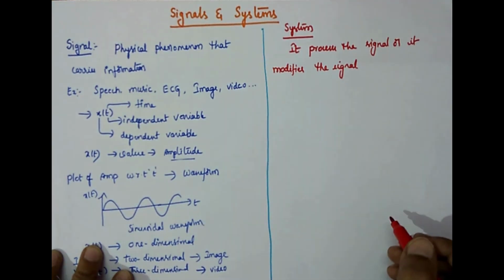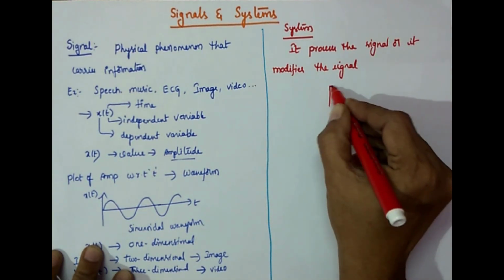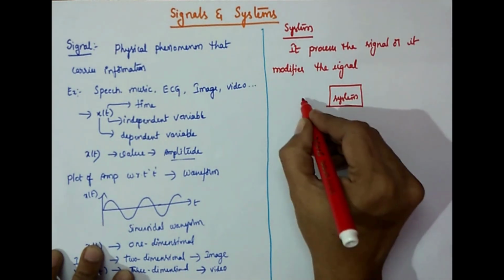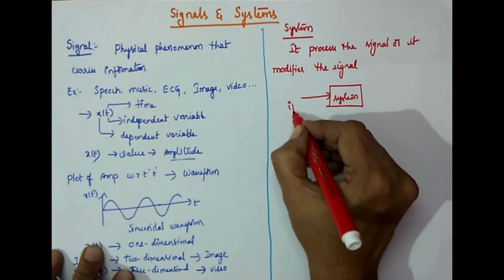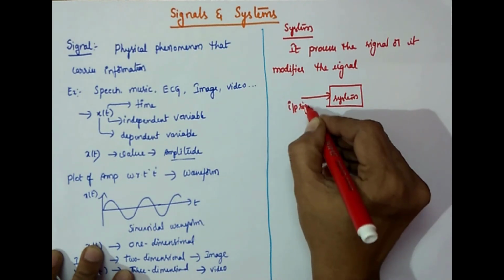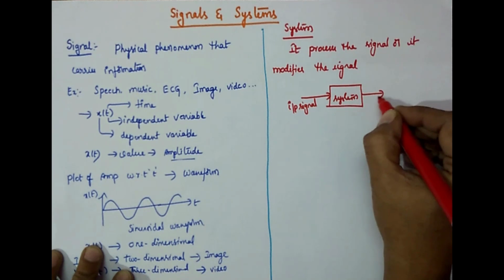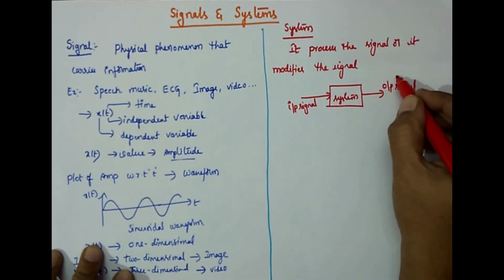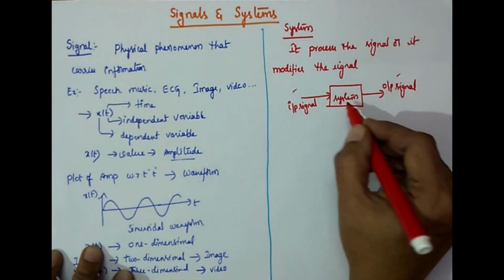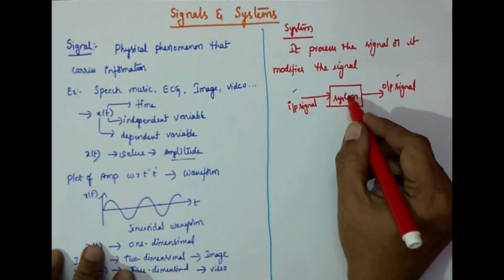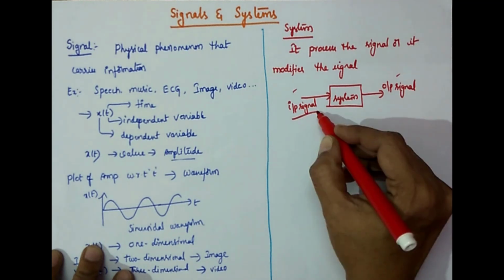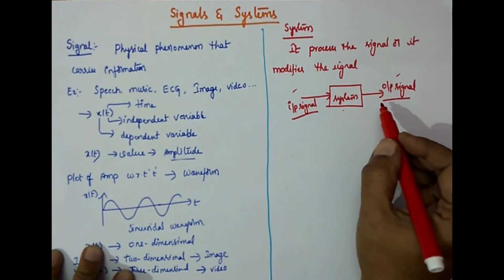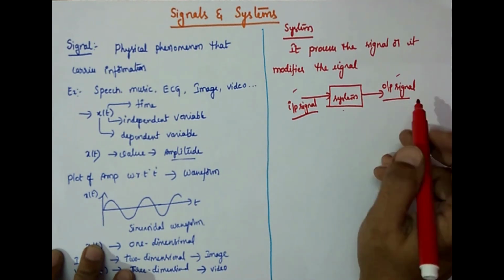Suppose we give an input signal to a system, I'll get some output signal. This output signal and input signal are not alike. The system will modify the input signal according to our requirement and it gives out that processed or modified signal.